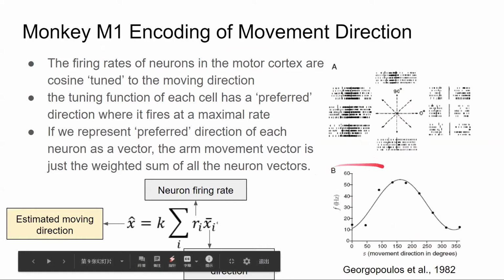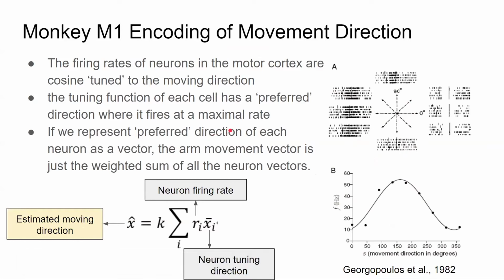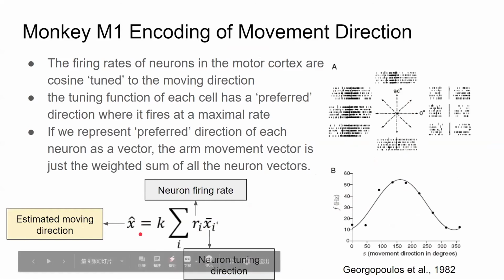The main conclusion of their experiment is that each neuron has a preferred moving direction, where it fires at the maximum rate. And the actual moving direction in physical space is just the sum of the preferred moving directions of each neuron, weighted by their firing rates.